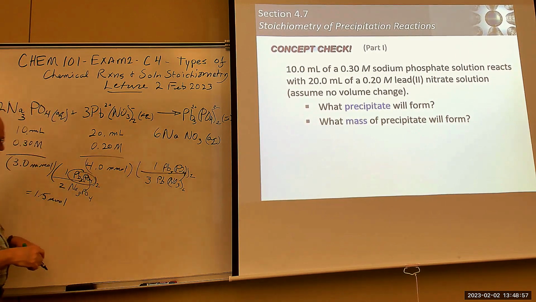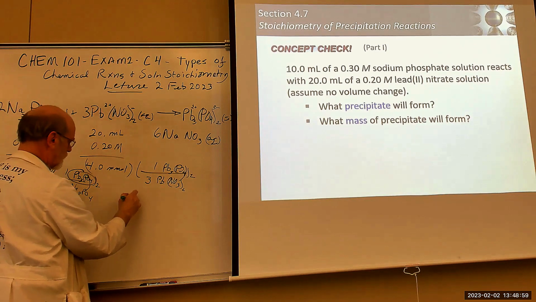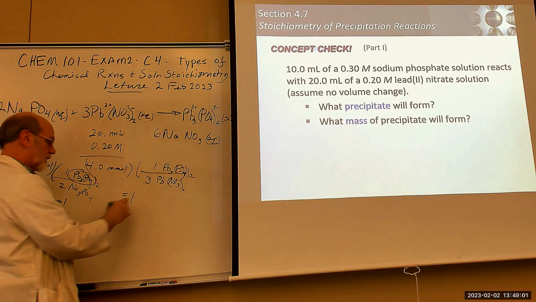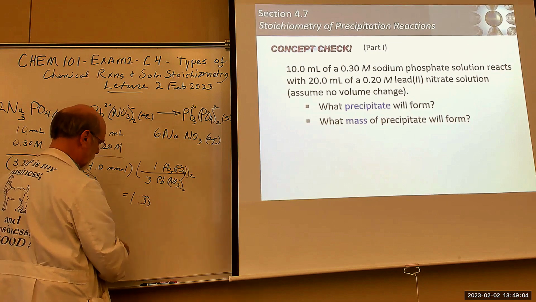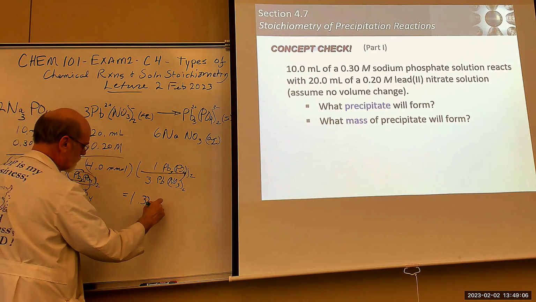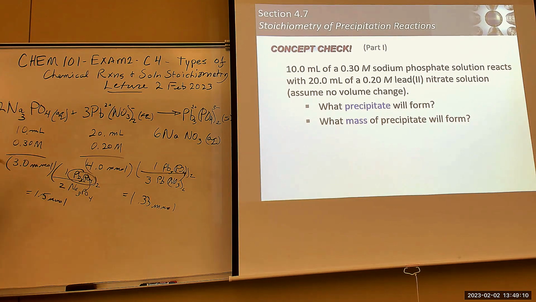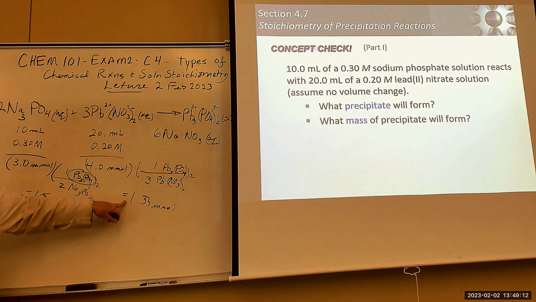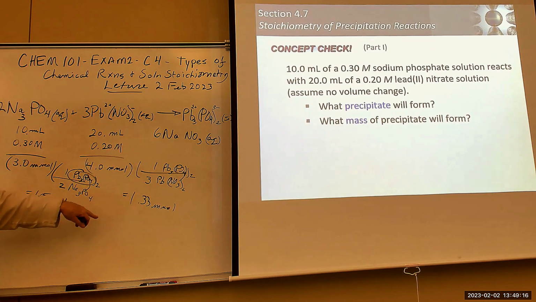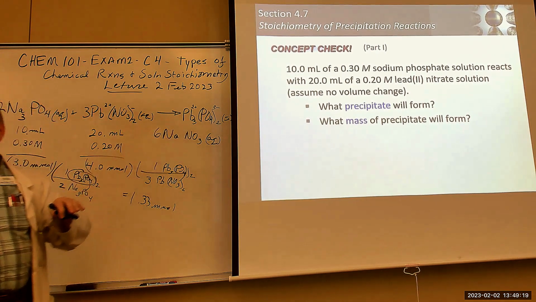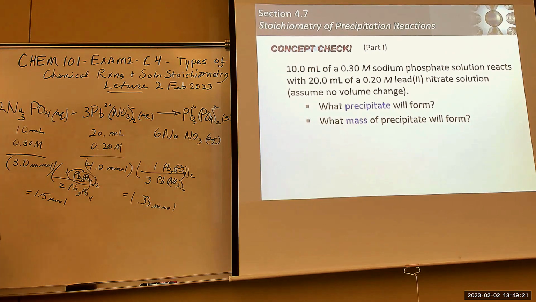So 3 into 4 is what? 1.33 millimoles. All right, so which one produces the least amount? That one does. That's the limiting reactant. So 1.33 millimoles of this product here is the molar amount that we get.